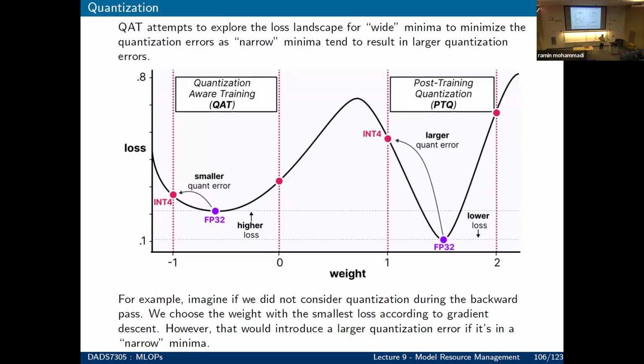When you do quantization-aware training, your final optimized model has maybe a slightly higher error, but when you quantize it after, you get a much lower quantization error. So quantization-aware training is a much better technique if you can implement it during the training process.